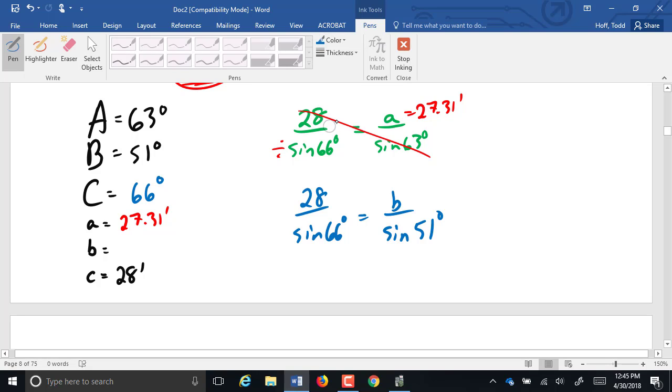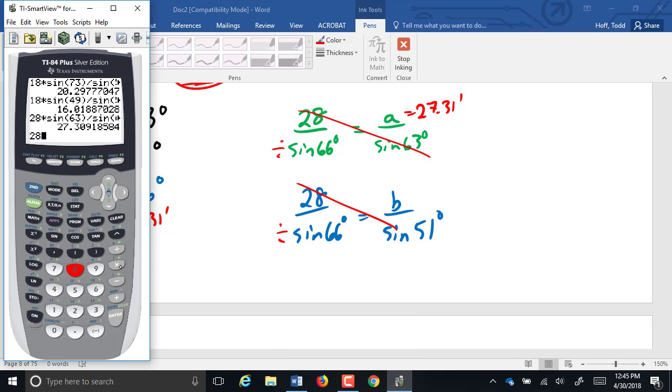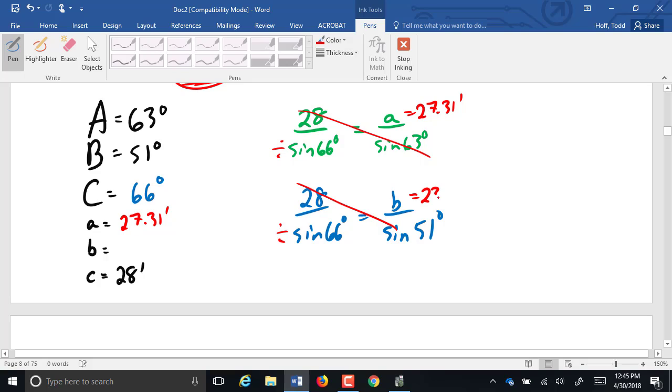And we cross multiply and divide. We expect this to be smaller yet. We get 23.82 feet. And that is our smallest side. It is opposite our smallest angle.